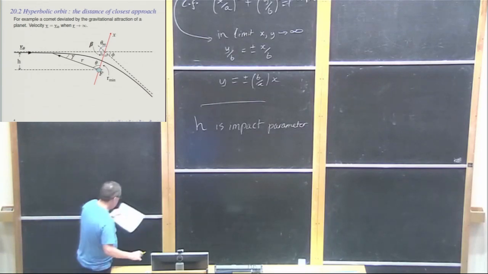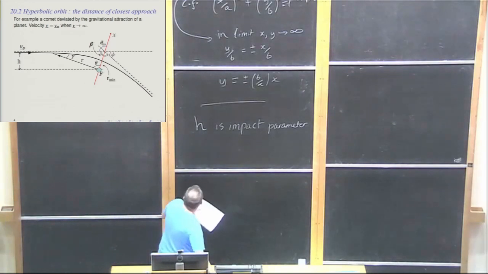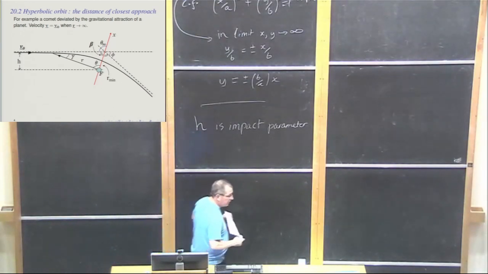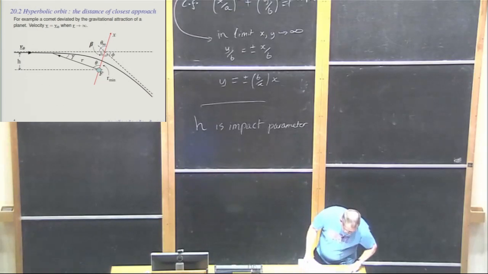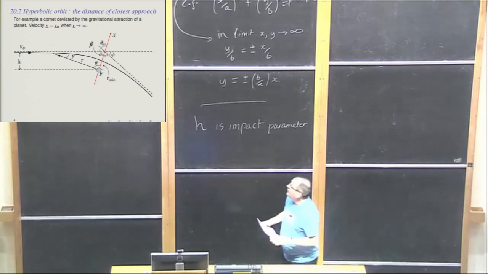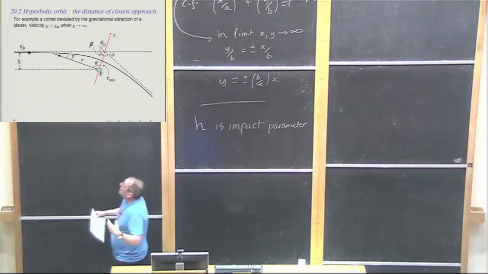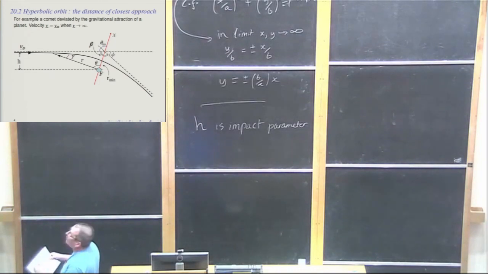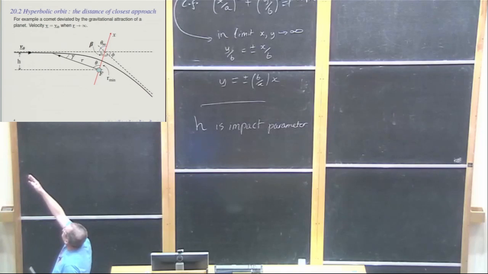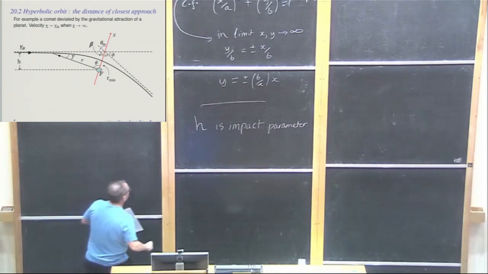So we want to find out various things about the trajectory of this comet, if we can call it a comet. These are going to be the usual things, such as the minimum and maximum distance of approach. But then also we will calculate the scattering angle phi.